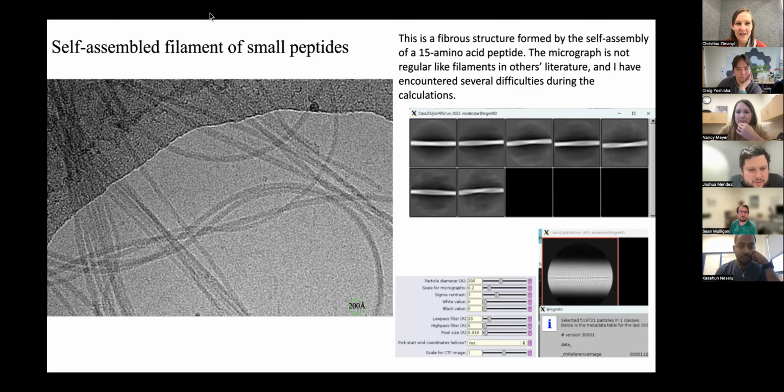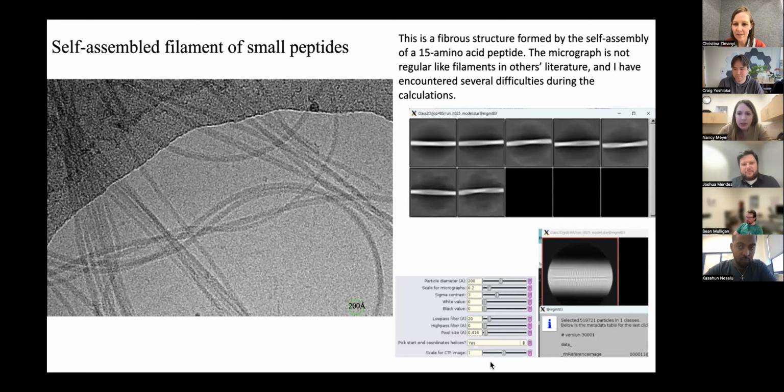Well, I don't see much decoration, so it's hard for the algorithm to anchor and align with each other. From the 2D classes, you see there's what appears to be a slight twist. But to me, it looks smeared in this direction, so it doesn't know if it's like this or like that. So that's why it will take a lot of work.